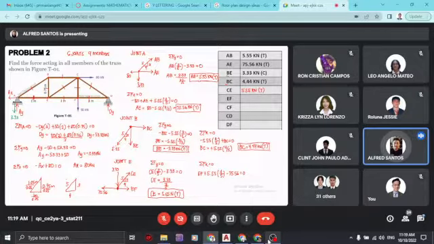Okay, solving for EF, it is equal to 75.56 minus 5.55 times 4/5. So what's your EF?